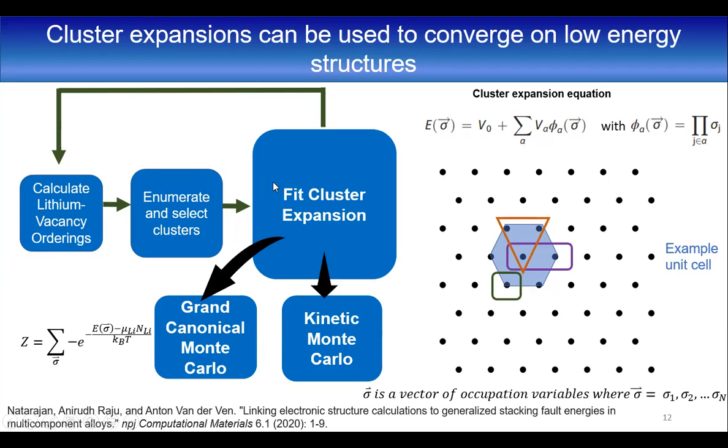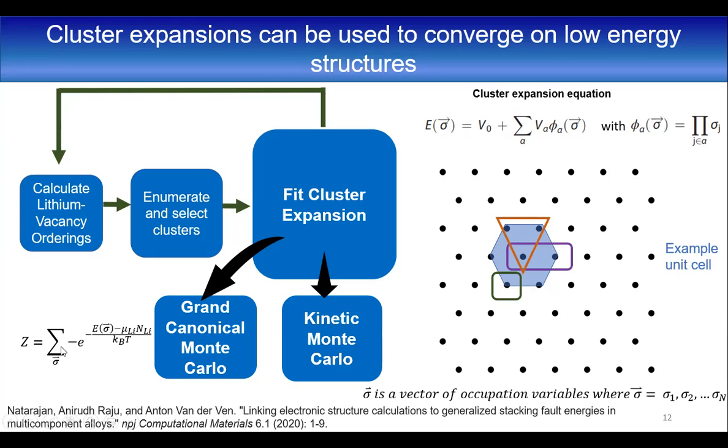After I have my cluster expansion, I could do grand canonical Monte Carlo, which you can see the partition function for here. It's pretty much a way of probabilistically determining what the most likely states of the different atoms are.